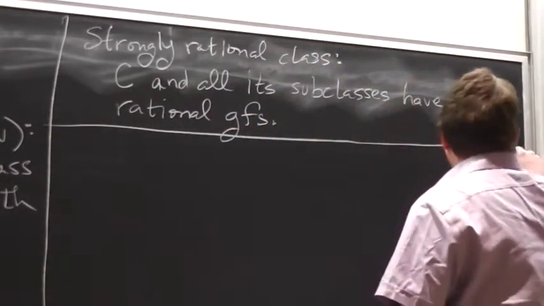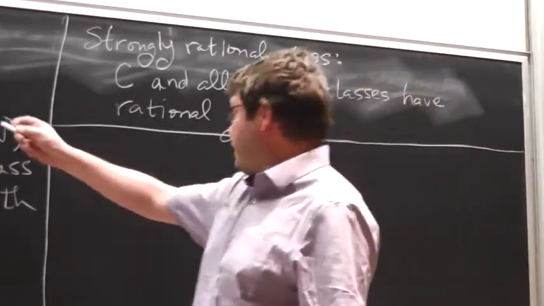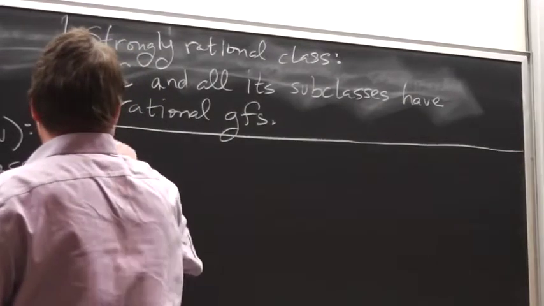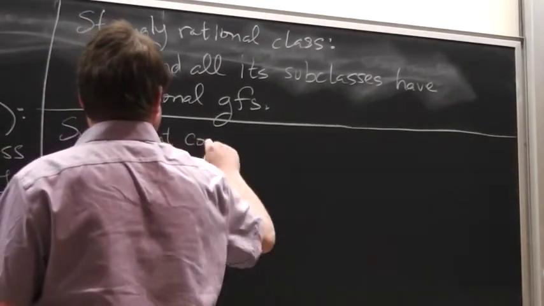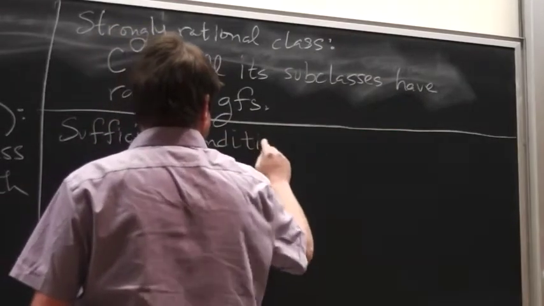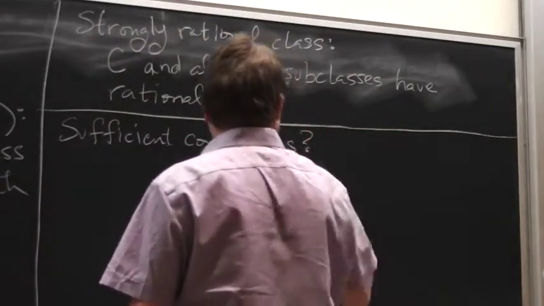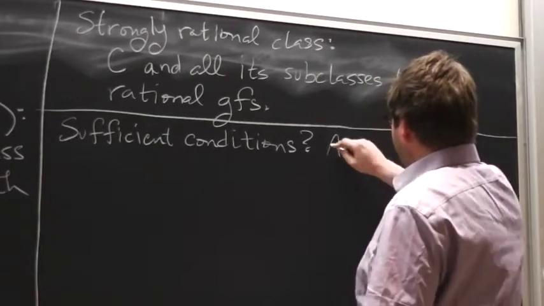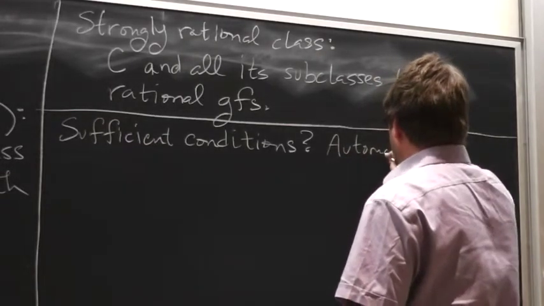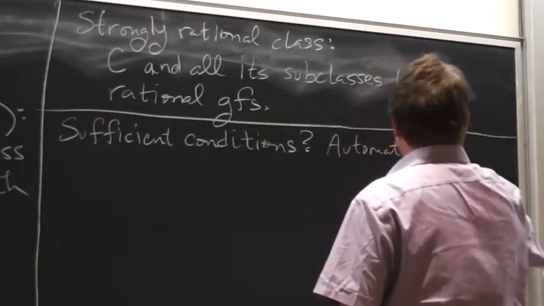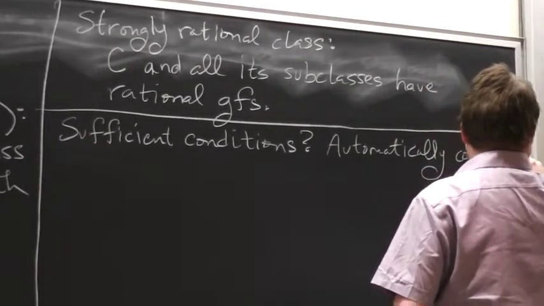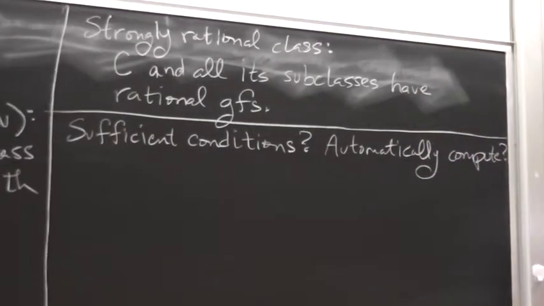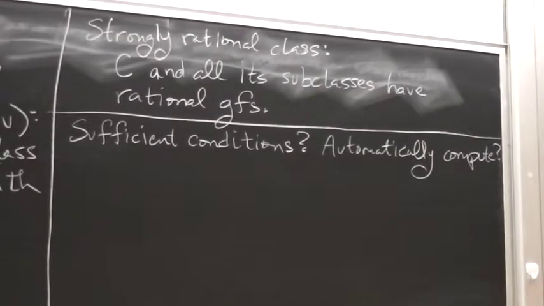Another thing you might do is instead of asking for a characterization, just ask for sufficient conditions. Or you might want to automatically compute these things. Once you know that it's rational, you might want to be able to find that rational generating function.